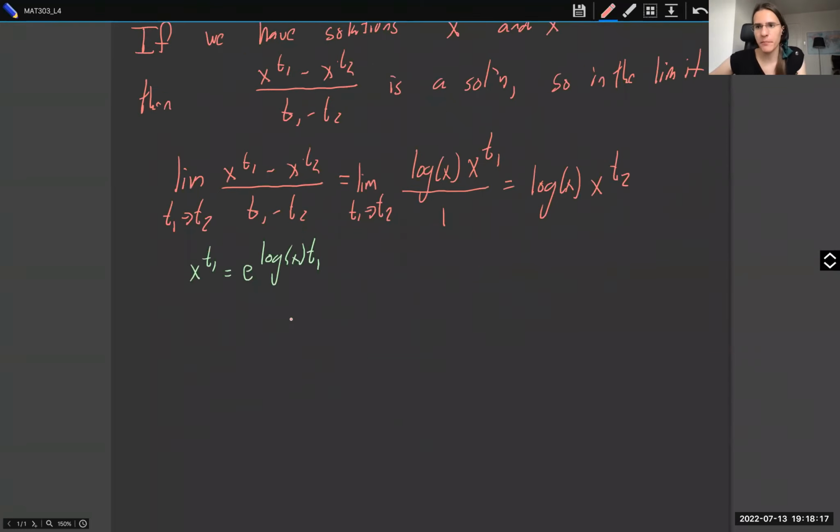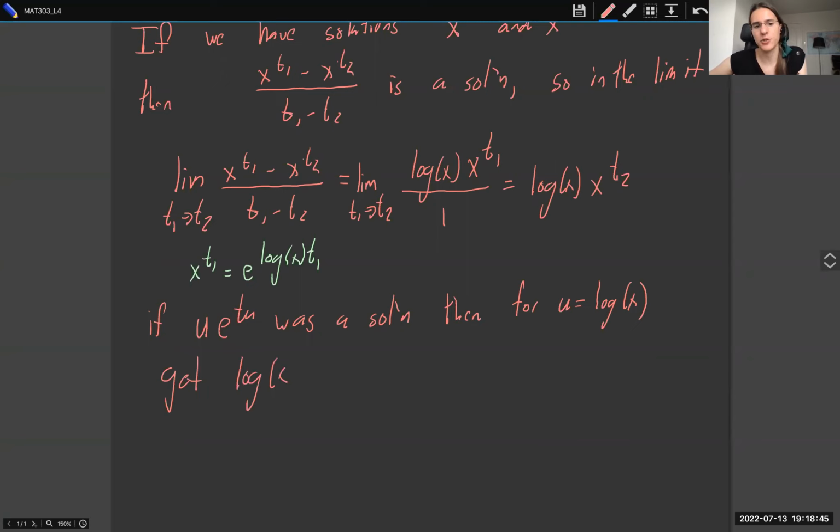And remember from before, if u e to the tu was a solution, then there's another way of seeing it. Then for u equals log x, I'd exactly recover the solution that I had above.